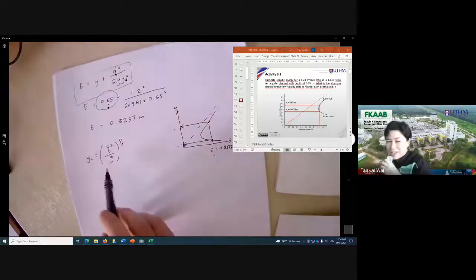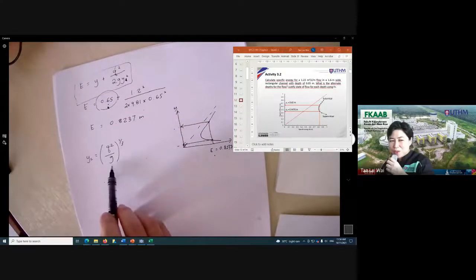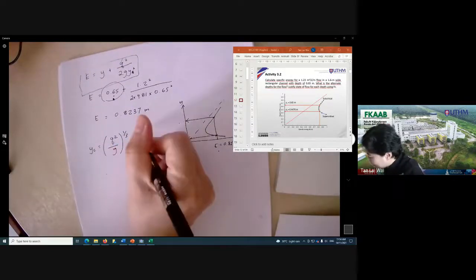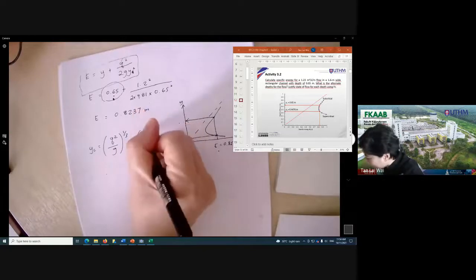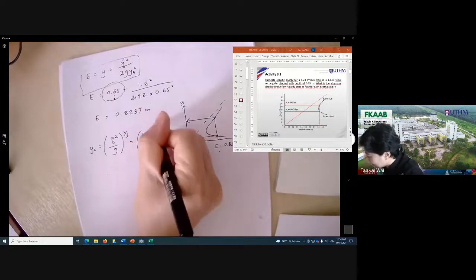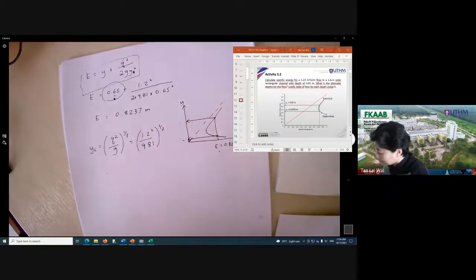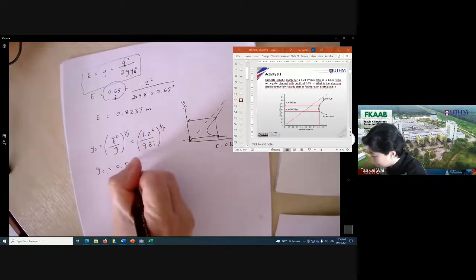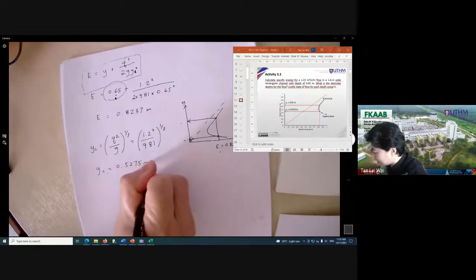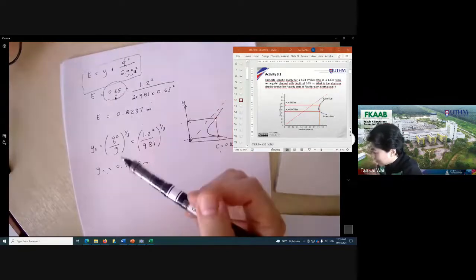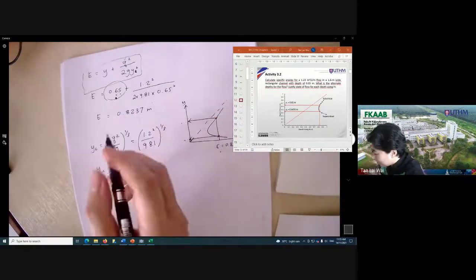Later I'm going to show you how you get to this equation, don't worry about this. So Yc actually is 0.5275 meter.